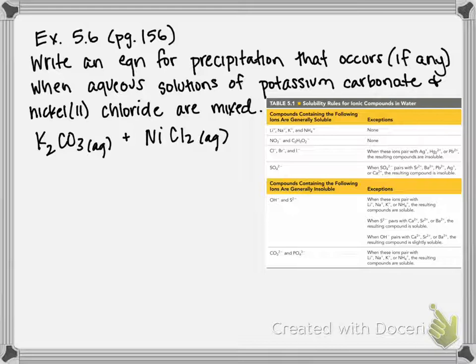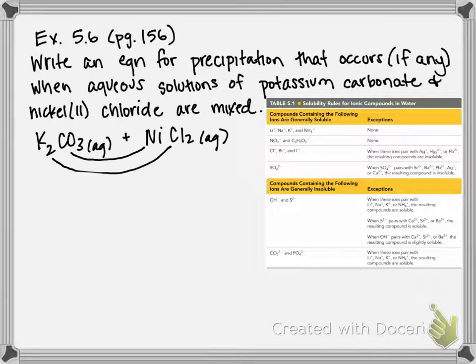Now, the next step is to swap partners between my cation and anion. So the anion of one compound goes with the cation of the other. Carbonate goes with nickel, and potassium goes with chloride.